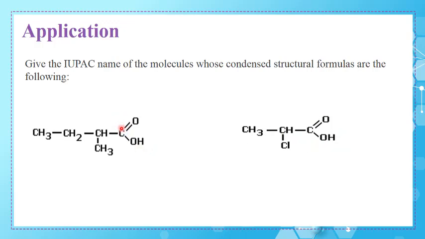So this is carbon 1, 2, 3, 4, and I have a branch on carbon 2. This branch is of methyl type, so the name will be 2-methyl butanoic acid. Here also I have a branch on carbon 2. This branch is chlorine, so it would be chloro. So it would be 2-chloropropanoic acid.